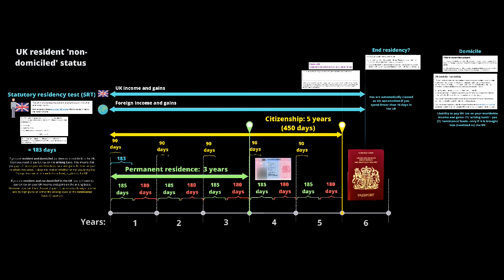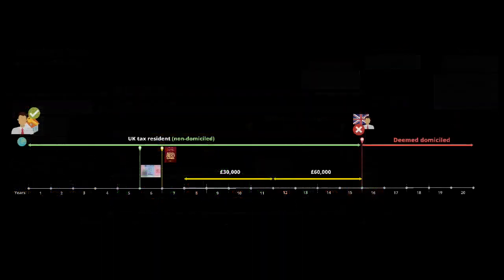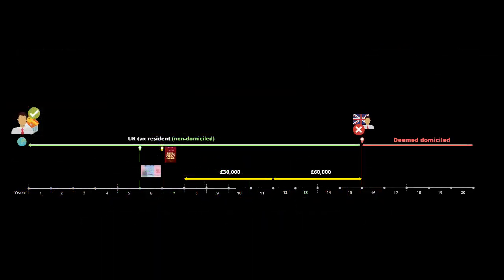That is UK tax. And to extend this into the long term, you can enjoy this status for up to 15 years. You can see from this diagram, sorry if it's small, I'm struggling to fit this into one slide, that you can maintain non-domiciled status for 15 years in the UK, subject to navigating it correctly.